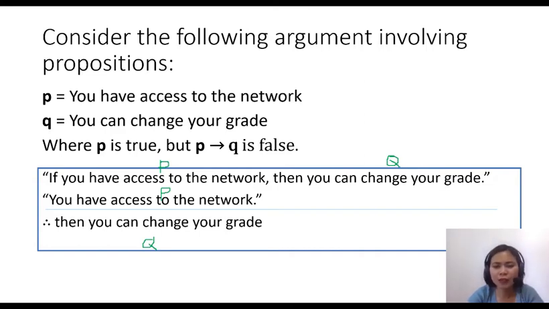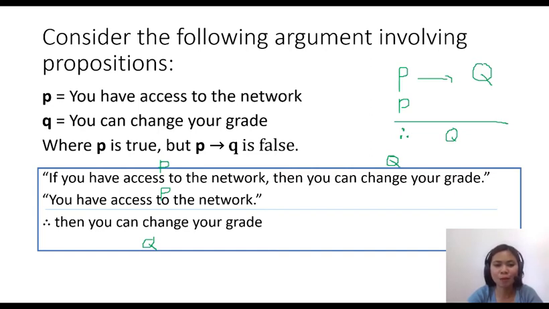So, let me rewrite na lang the form here sa side para mas klaro siya. P implication Q. Okay, hindi masyadong klaro yung therefore. But anyways, accordingly here, what if one of the premises is false, right?